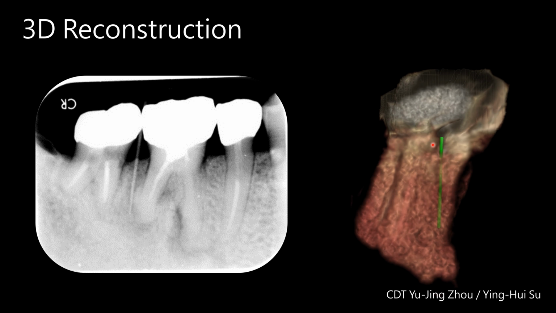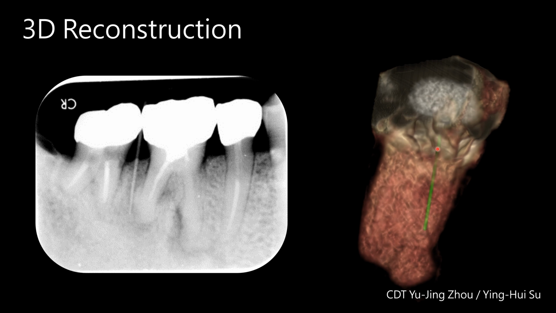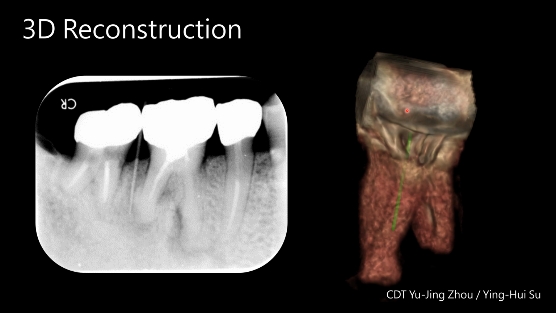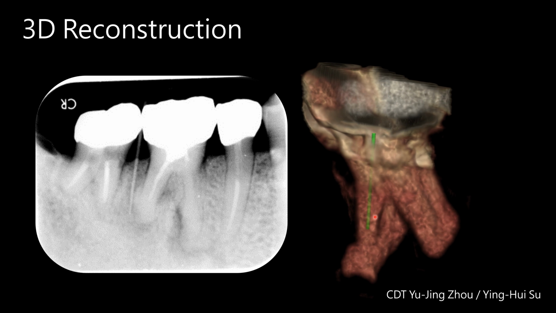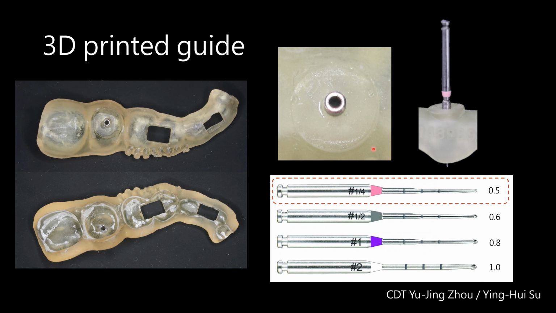And here is the reconstruction of the CT scan, where I used 3D Slicer to produce this kind of navigation to let you know where the drill path is. I used the 3D printer to print the guide, and I put a cylinder, the sleeve, here, which matches the bur.